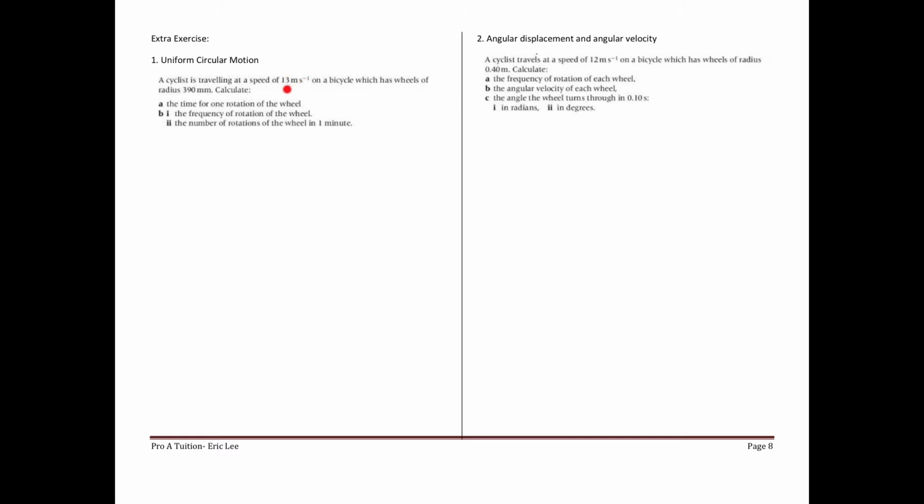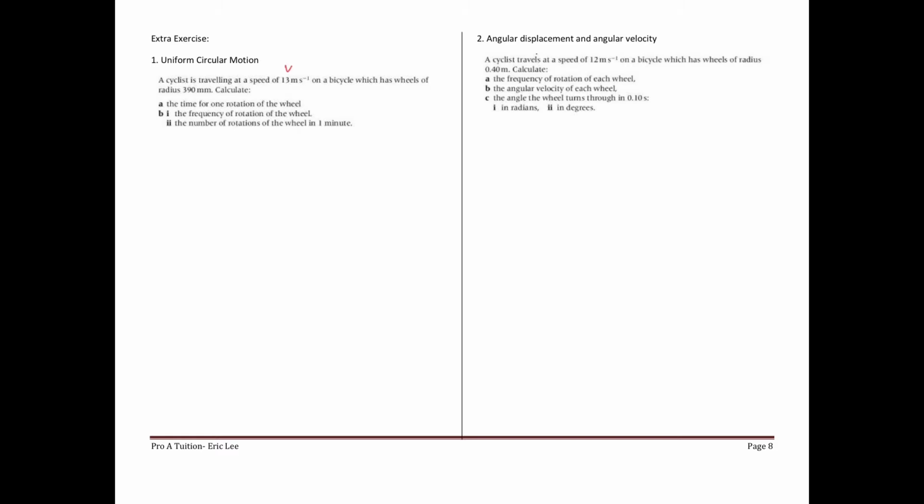So when you see the unit meter per second, you need to know that this is linear velocity and not angular velocity. As for angular velocity, the unit is radian per second. So let me write down, this is v. It is not omega.